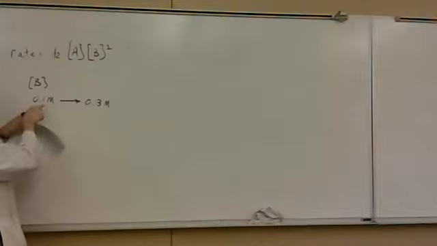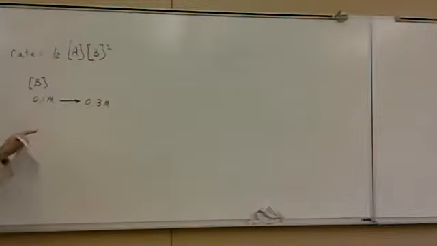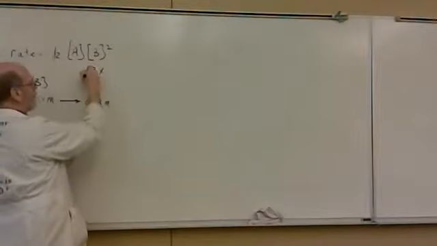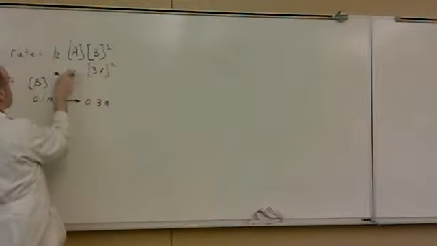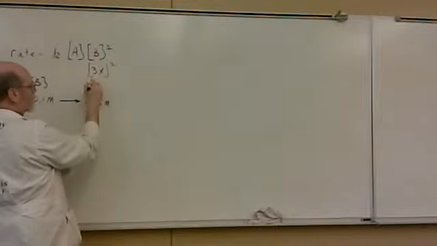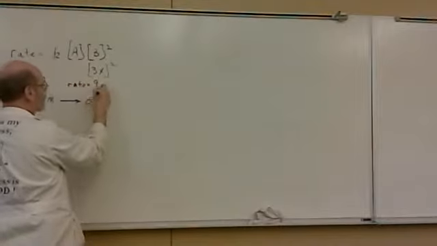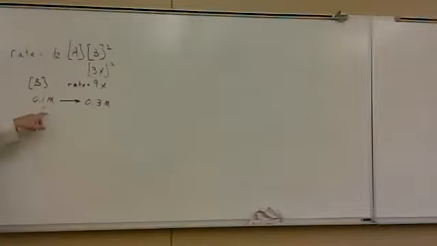How much did the concentration increase? 3 times, right? And we're going to square it. 3 squared is 9. So the rate increases 9 times. So the higher the concentration, the greater the rate. Do you see that?